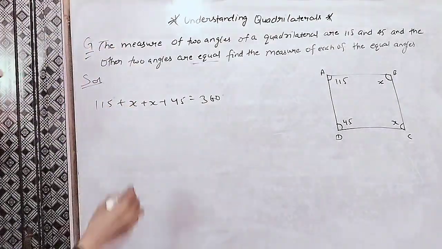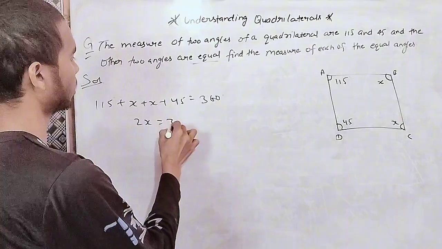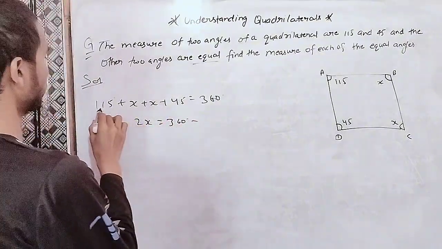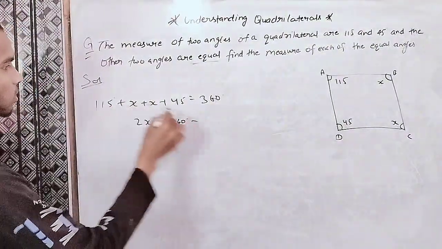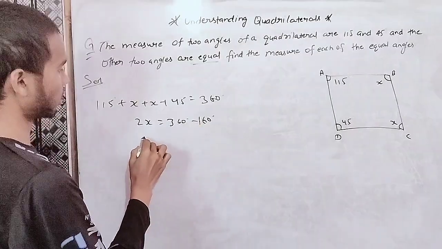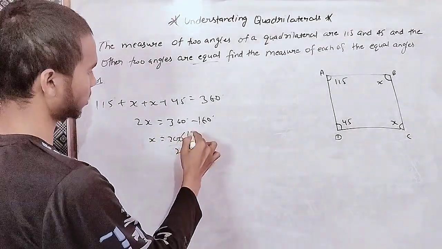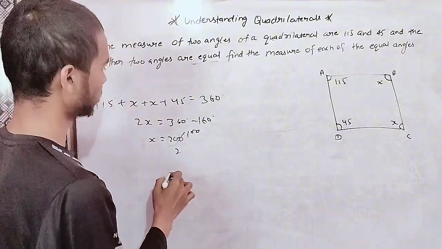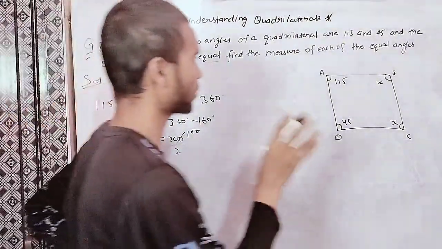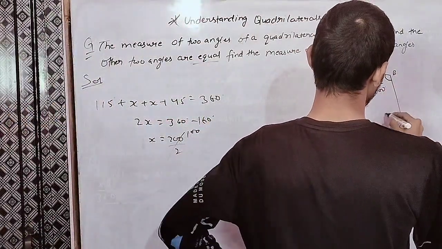Now we have a linear equation, 2x equals 360 minus 195, which is 165... So 2x is 165 and each x comes out to be the equal angle.